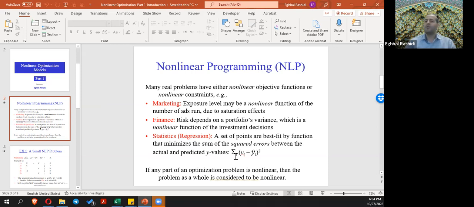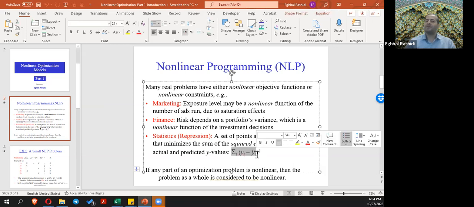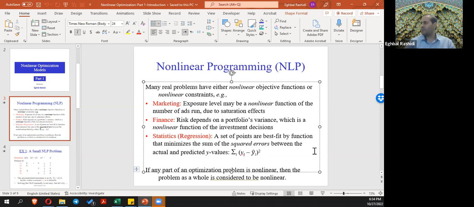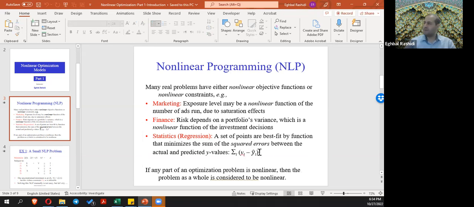So we are summing up the squared difference between the real, actual value minus our prediction, for every data point that we have. So this is a nonlinear function. And least squares means we're minimizing it, so that's a good fit for an optimization model. We're going to do an example of that.